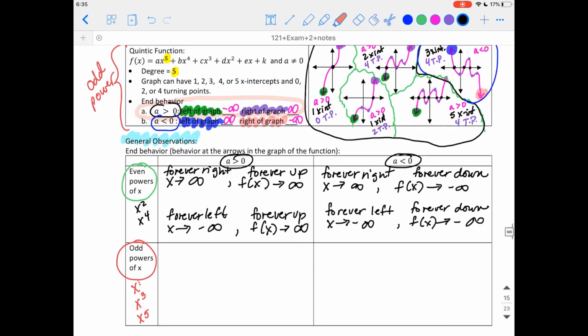Okay, so let's write down what we just said here. So here on this one, as x heads to infinity, which means forever to the right, then our y values are headed towards infinity because they're headed forever up.